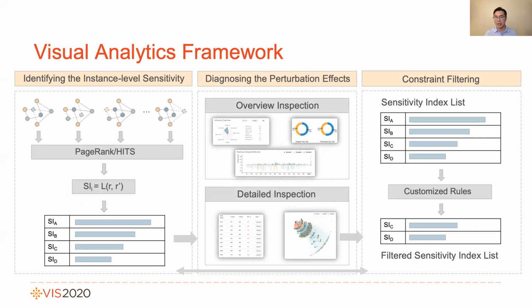And then we integrate the result into a sensitivity index list to show how sensitive the ranking method is to each node's removal. For the perturbation effects diagnosis, we provide a detailed visualization to explain how the perturbation causes impact in both overview and detailed aspects. And finally, we want to make the sensitivity index list more flexible for users to explore the perturbation space under certain constraints defined by domain experts. Now let's dive into the detail.